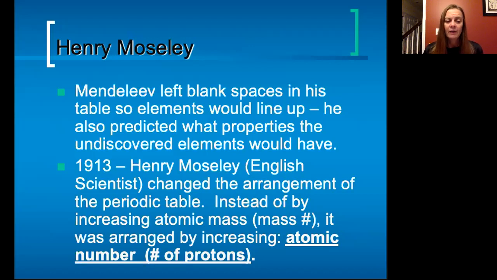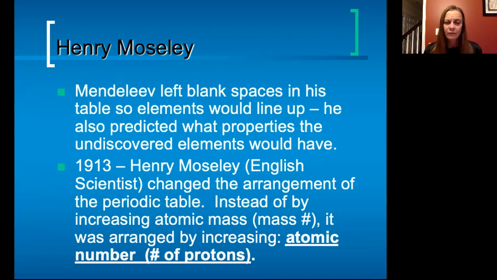So quite a ways later, Henry Moseley, who's an English scientist, changed the arrangement of the periodic table. By 1913, we've discovered the proton, and he organizes the periodic table by the atomic number, or the number of protons, and that is our modern arrangement of the periodic table.